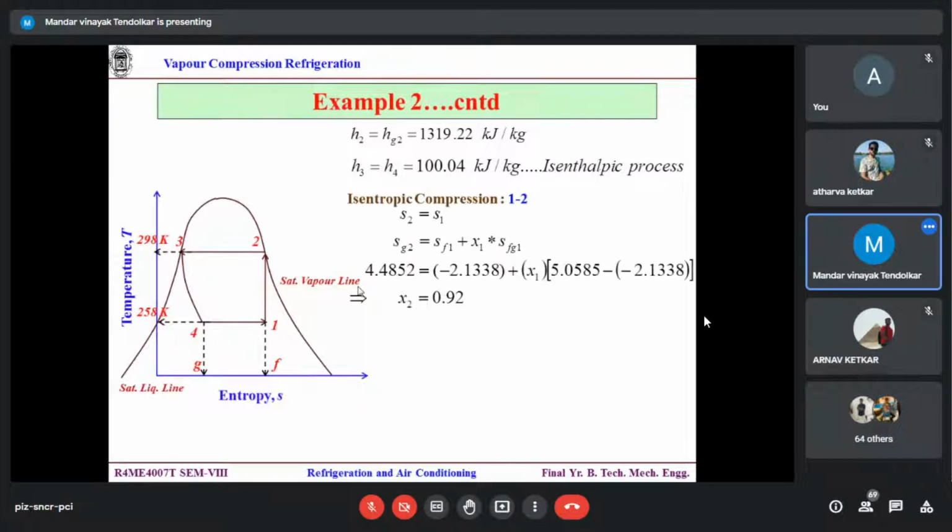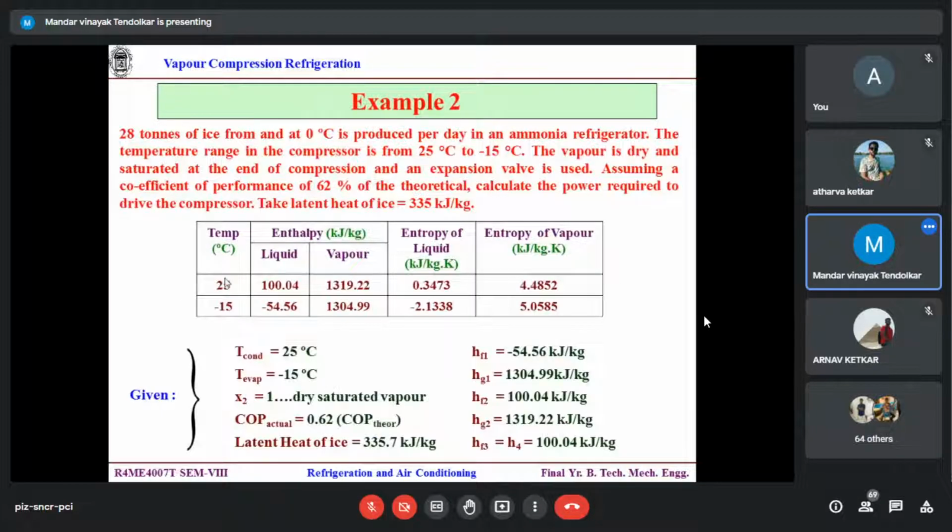Isentropic process. And now I will use the same part. So S2 is directly Sg2. And I know that this is naturally wet, no need for any justification. So what is my Sg2? This is my state 2 part and Sg2, is this correct?